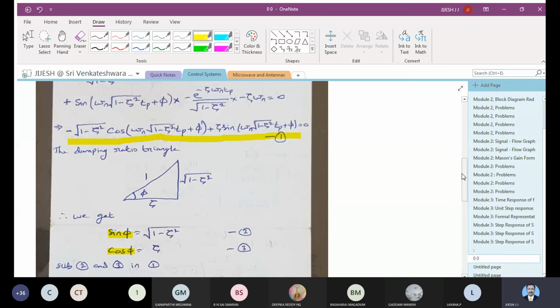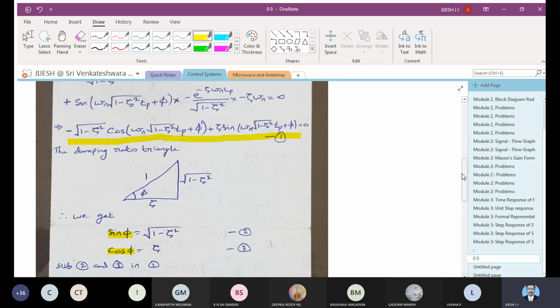All of you got the second and third equation? It's very simple. So all of you got sine phi and cos phi. Yes, sir. Okay, then substitute equation 2 and equation 3 in equation 1.